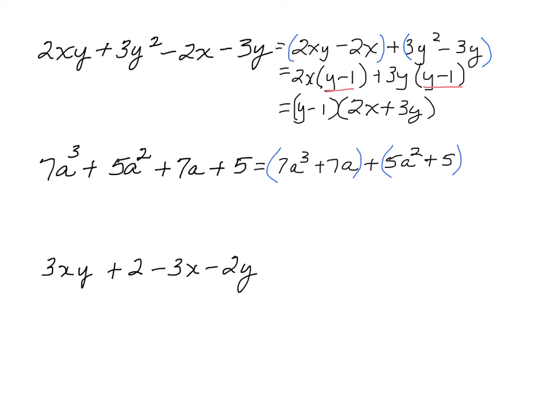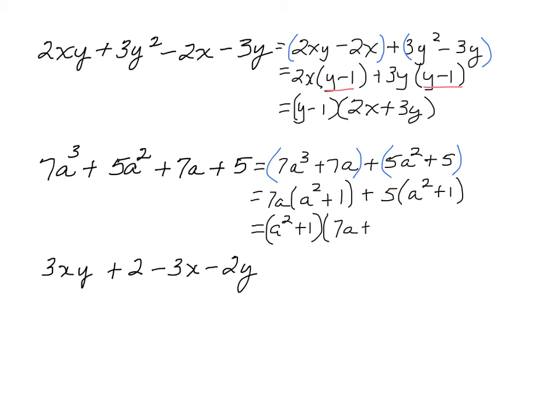So we can factor out a 7a, and it leaves us a squared plus 1. And here we can factor out a 5, and we have a squared plus 1. So they both have an a squared plus 1 in common. So we factor that out, and we are left with 7a plus 5.